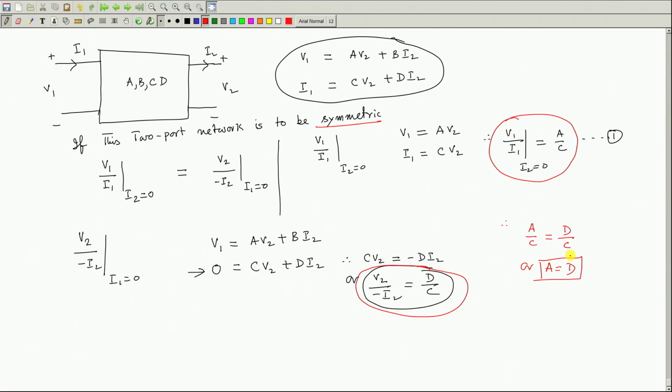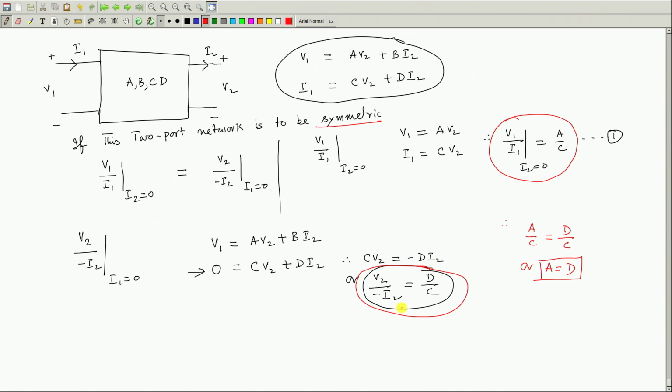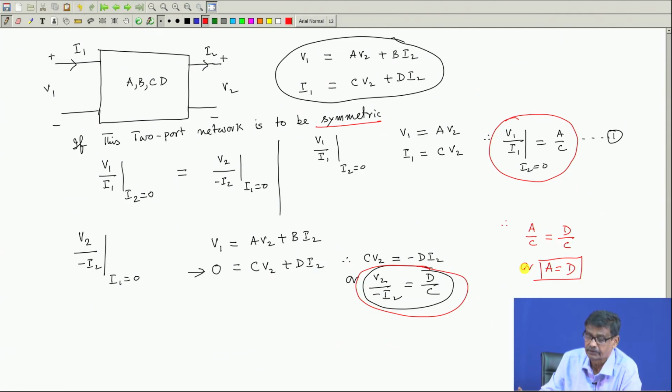Therefore, for ABCD parameters, just looking at the values of A, B, C and D, we can conclude whether this two port network is symmetric or not.